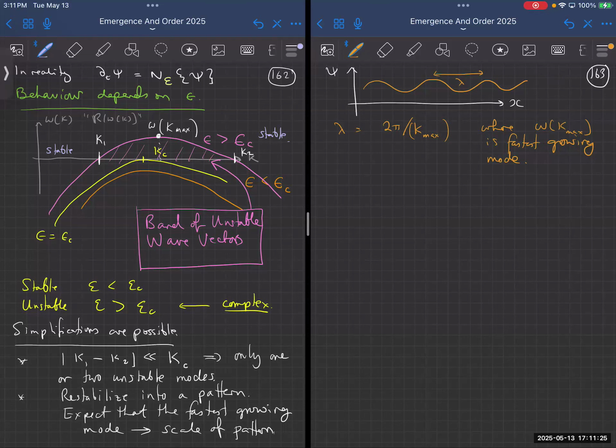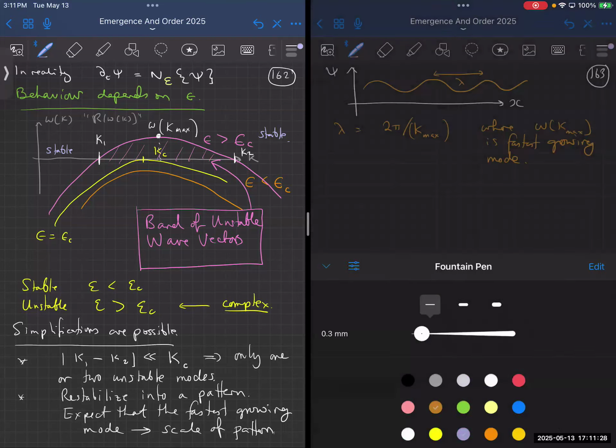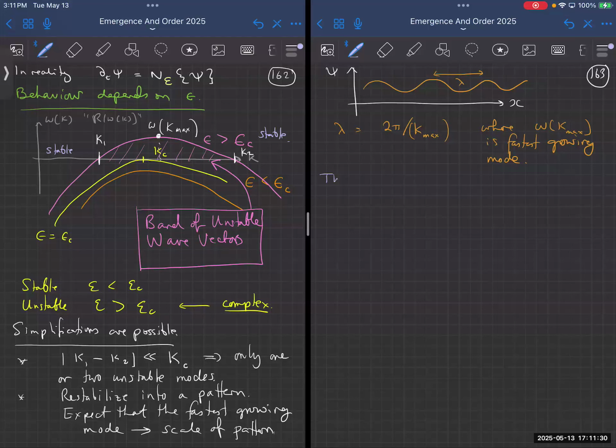And to do any better is really hard. So what I've just explained to you is the basis of virtually everything we know about pattern formation.